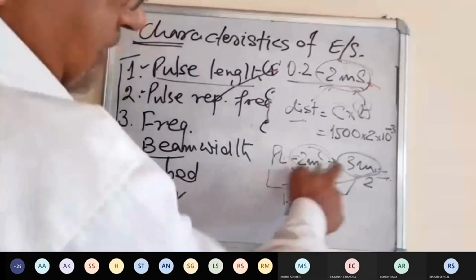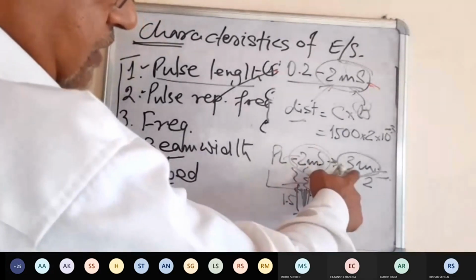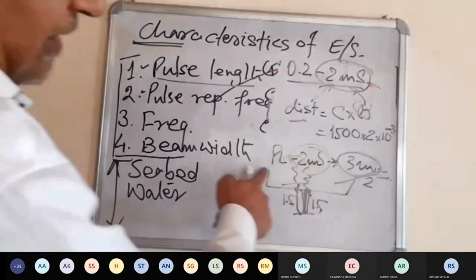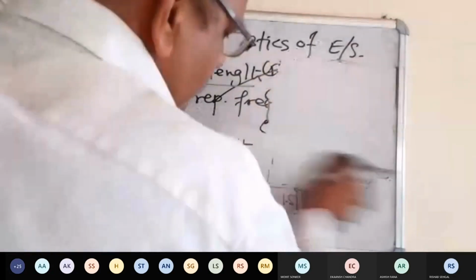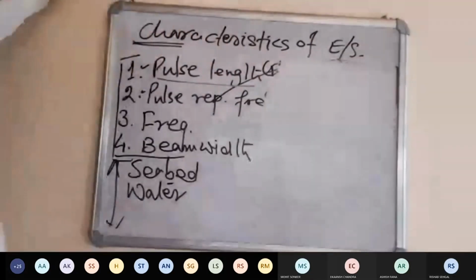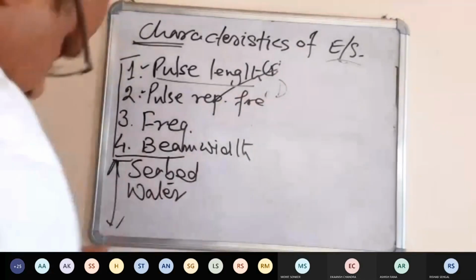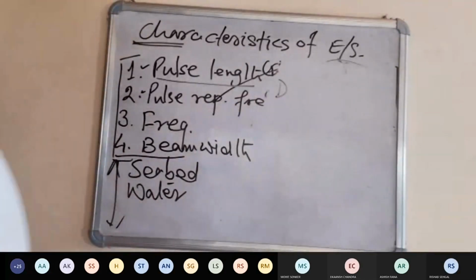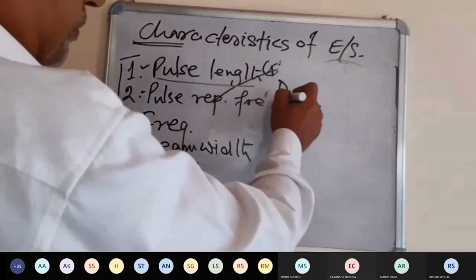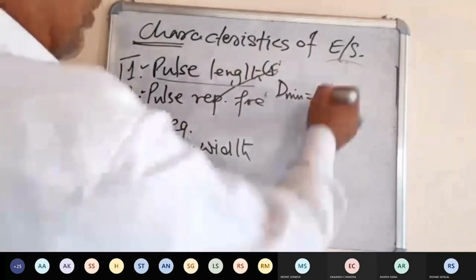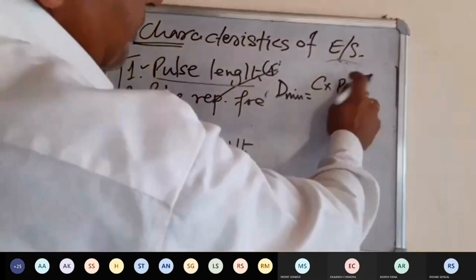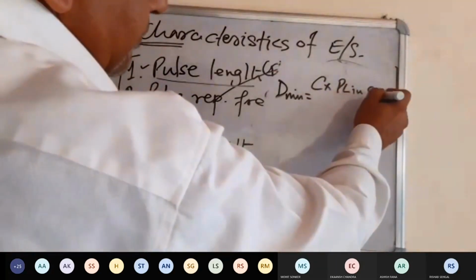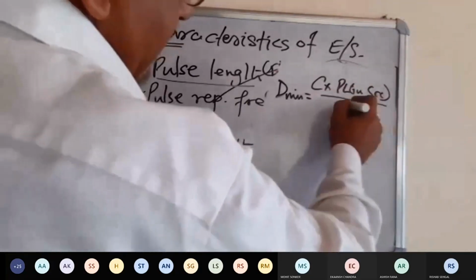So basically, pulse length in terms of distance divided by 2 is the minimum depth that can be read. So in general, D minimum is equal to C into PL in seconds divided by 2.